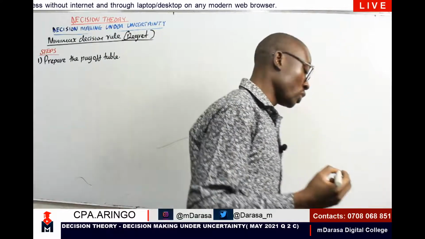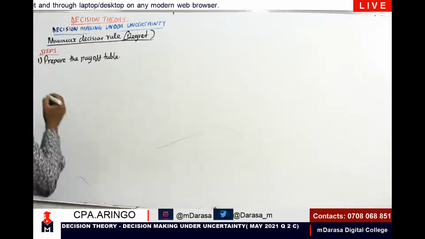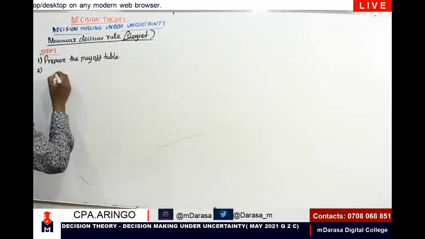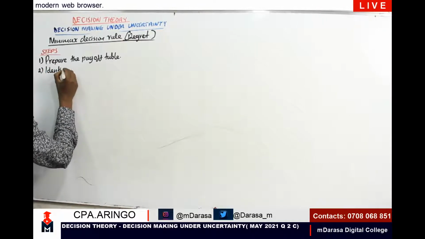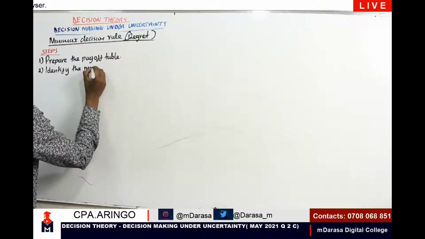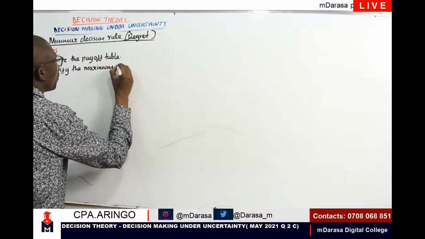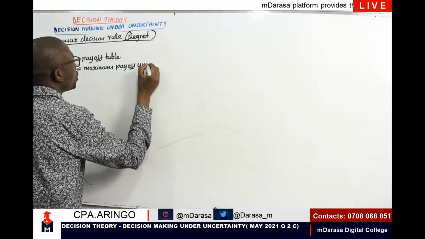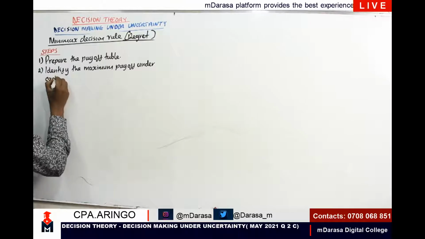Step number two, my good students, that again you must always have at the back of your mind: from the payoff table, identify the maximum payoff under each state of nature.